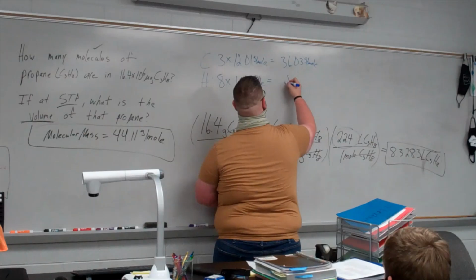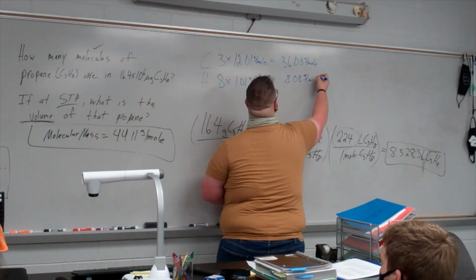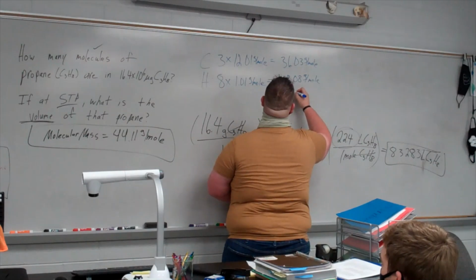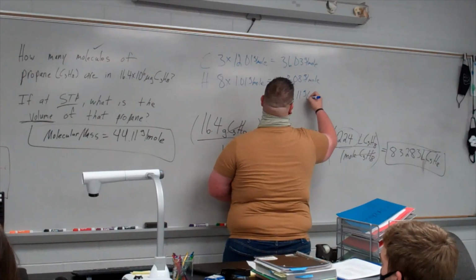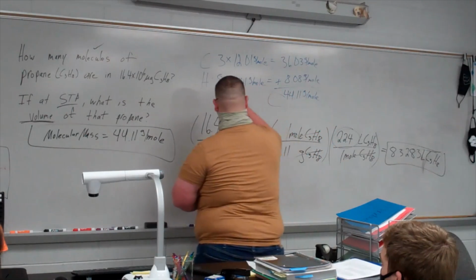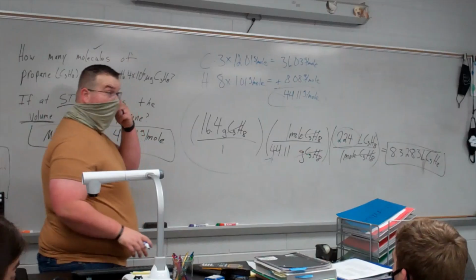And then this is 8.08 grams per mole. And then you add all those together and it gives you 44.11 grams per mole, which is where that number came from. Better?